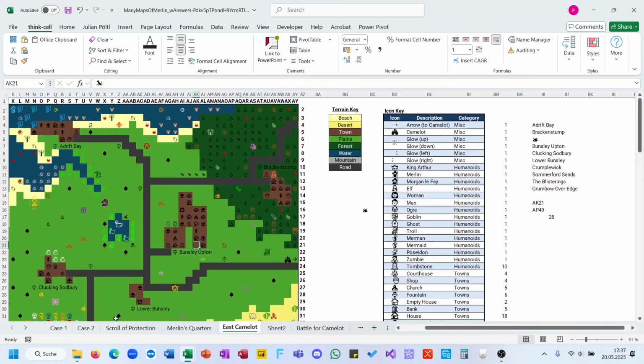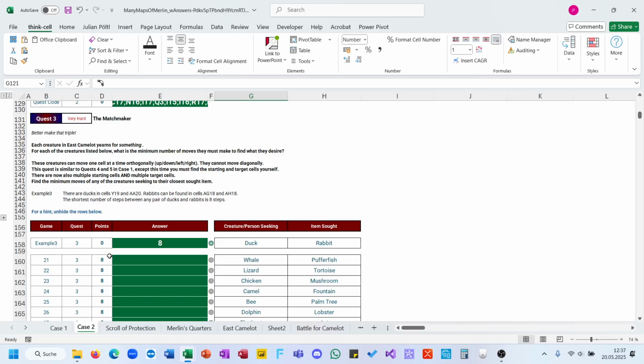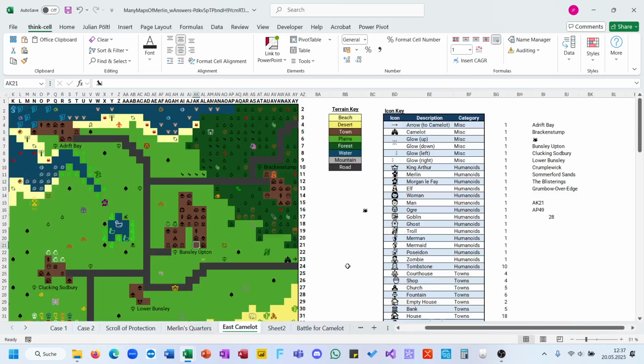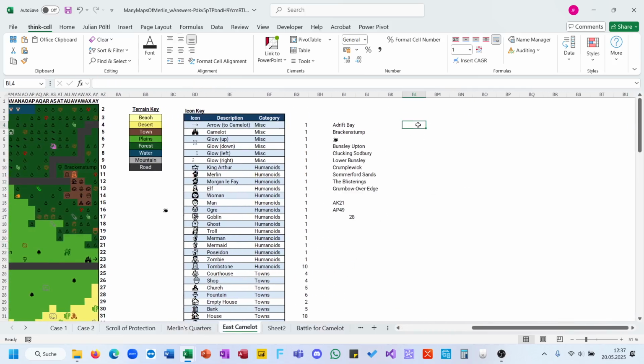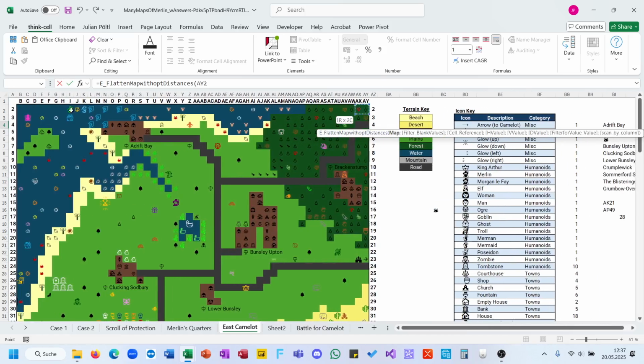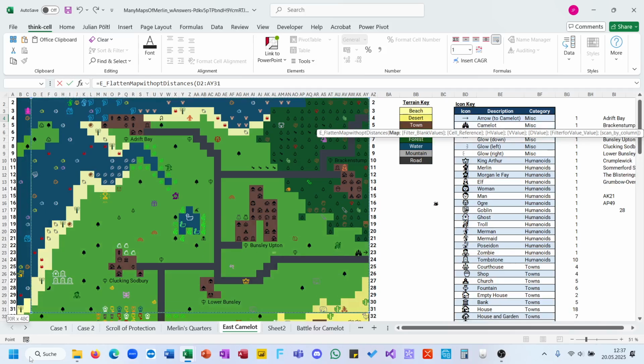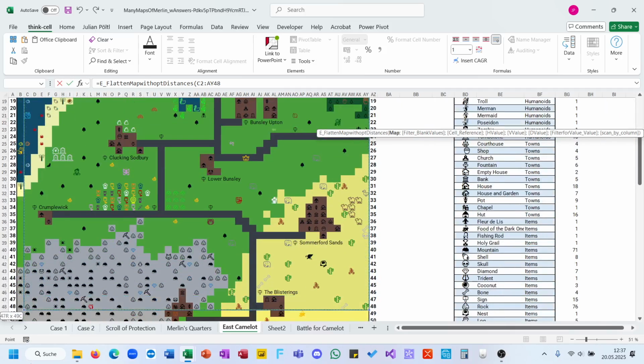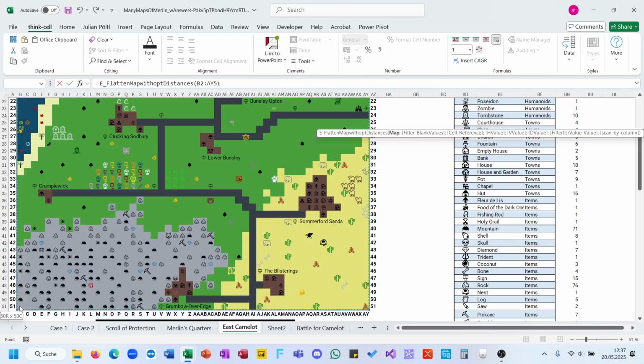Do they need to stay on the map? No, I don't think so. Okay, so I also flat this map. Flatten map. Filter blanks.